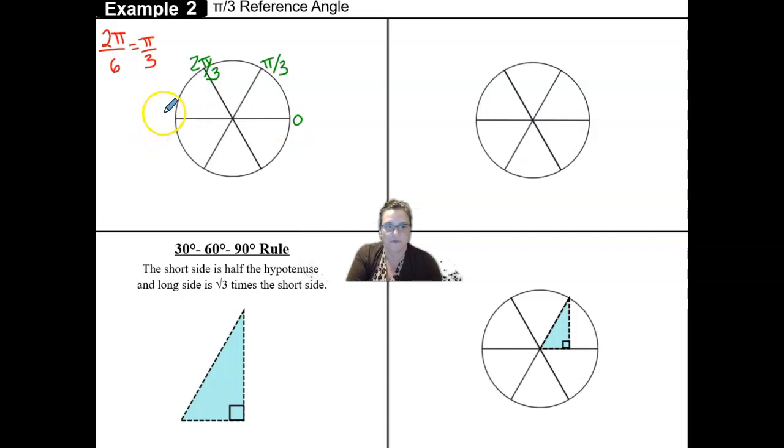Half the circle would be 3 pi over 3, which reduces to pi. Then 4 pi over 3, 5 pi over 3.